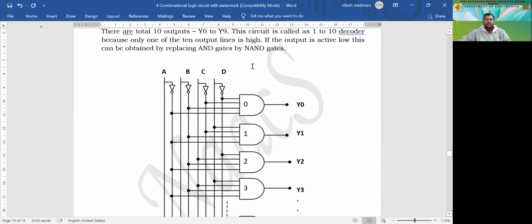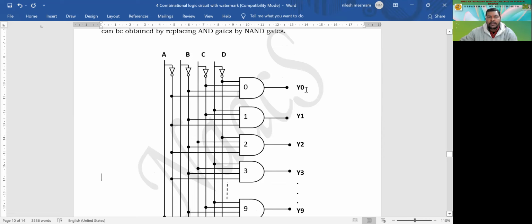Depending on the circuit, when A, B, C, D, all four, are 0, 0, they are inverted and given to the first gate, right? If all four are 0, then the inverted output will become 1, and this gate is supposed to be enabled, and this gate's output Y0 will be high, which implies that the binary code 0000 gives you 0 over here.